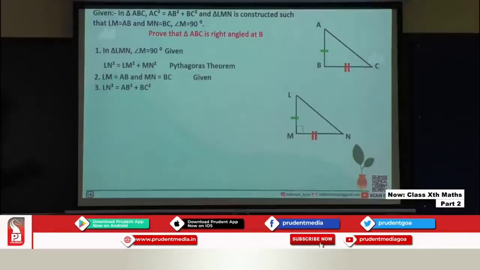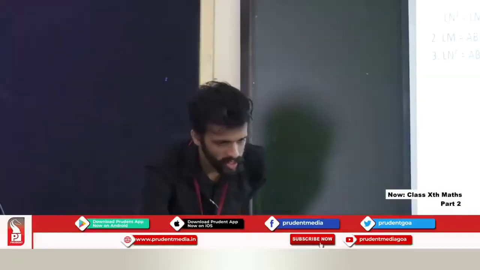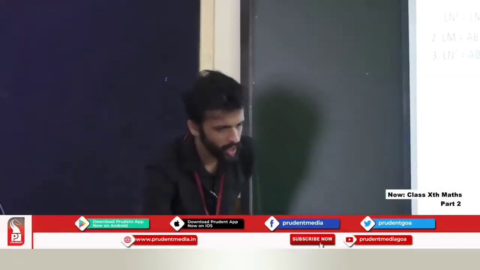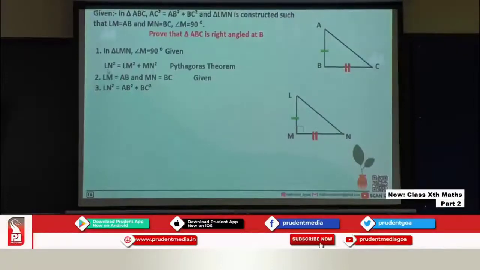Now, we get LN square is equal to AB square plus BC square, right? So how did we come to this step? What we have done in step number 3 is that, looking at step number 1, we are writing the entire step number 1 back again, but wherever there is LM, I am replacing it with AB because LM is equal to AB.